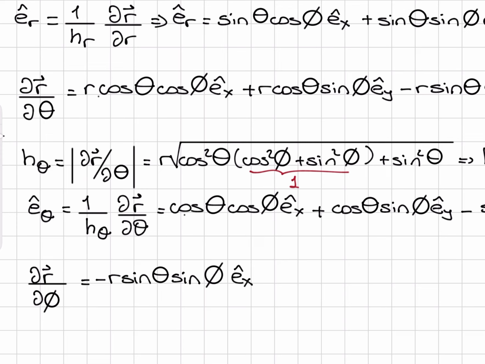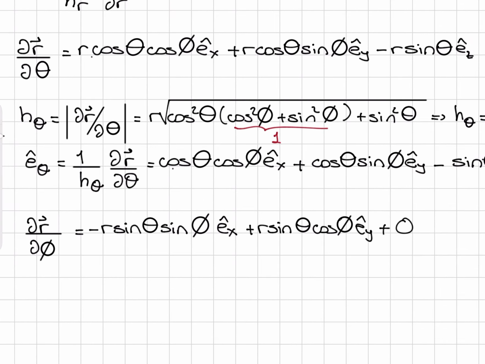And then we had for y r sine theta sine phi, that will turn into a cosine phi. So we will have plus r sine theta cosine phi in ey hat direction. And for the z part, there is no phi dependence, so plus 0.